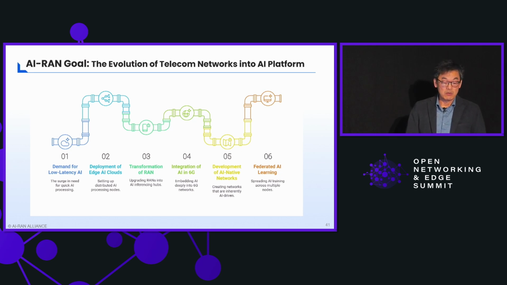As networks become more advanced, the fifth stage involves the development of AI native network components, where AI is embedded at every component horizontally and vertically, making the network inherently AI-driven. Finally, the sixth stage on the far right is federated AI learning, which enables AI models to be trained across multiple distributed nodes without the need to centralize data.